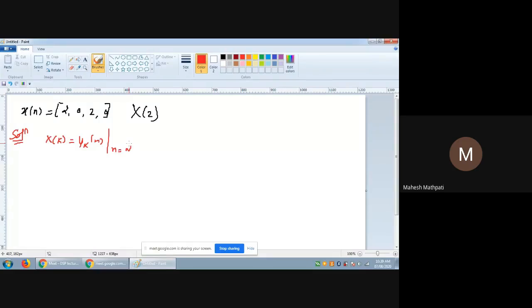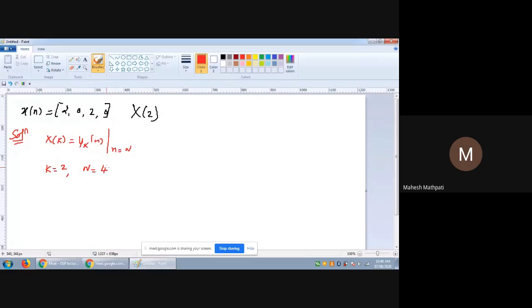Now, by looking at the question, what is the value of k? Can anyone tell me? 2. Looking at the question, the value of k is 2. What about n? Capital N? 4. Okay, so the value of k is 2 and n is 4.